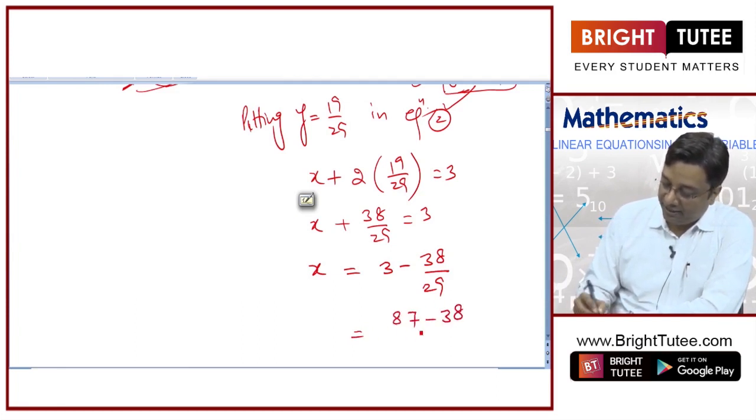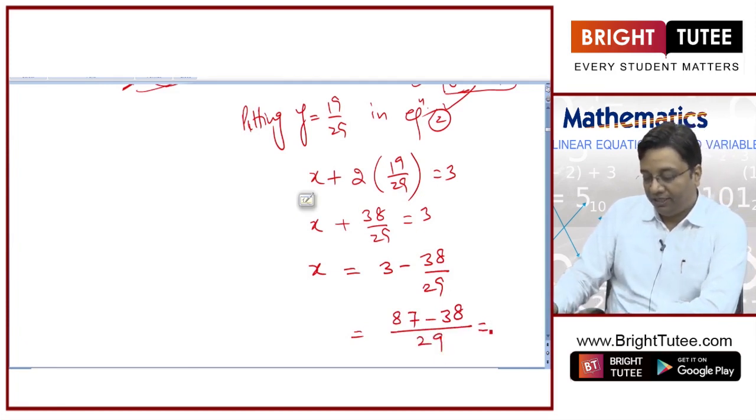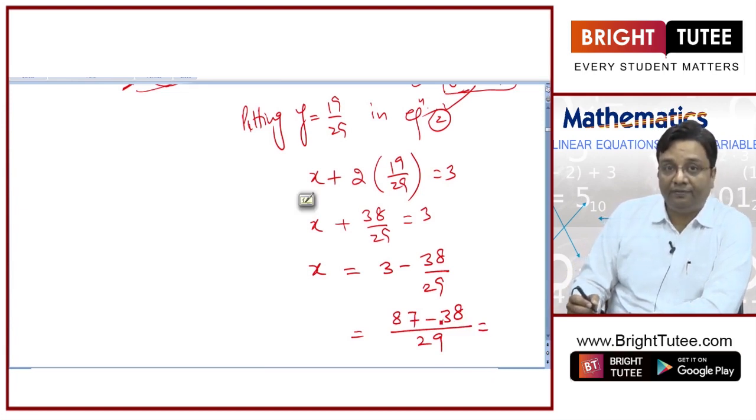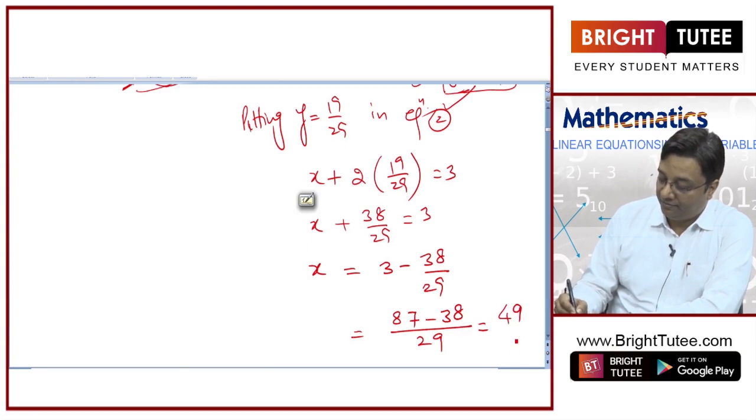87 minus 38, and it is divided by 29. And what is 87 minus 38? 87 minus 40 would be 47, right? Now you'll have to add 2, so 49. It is 49 by 29.